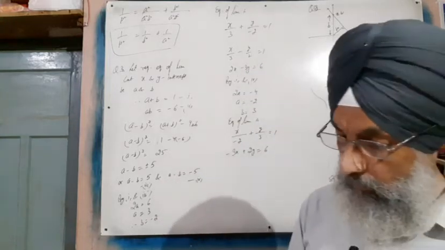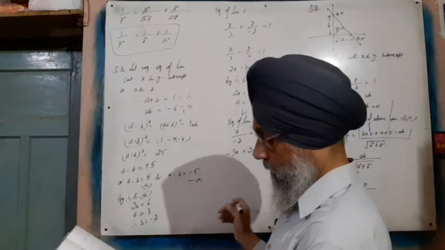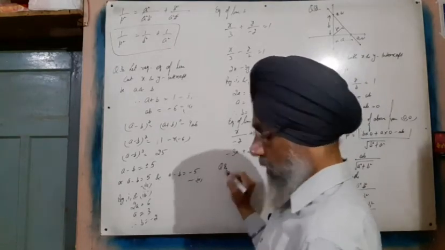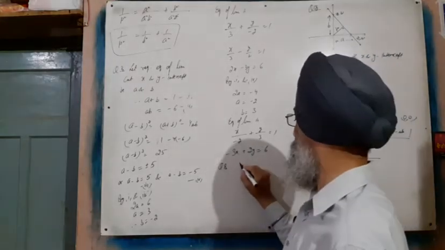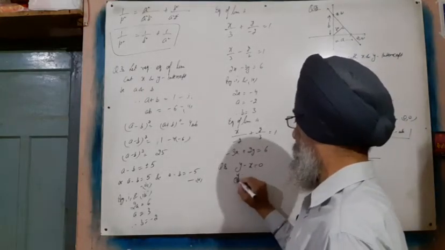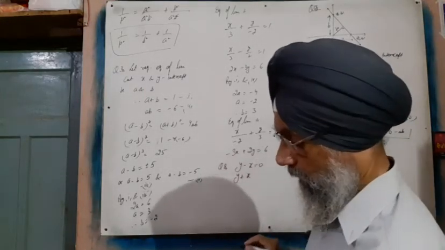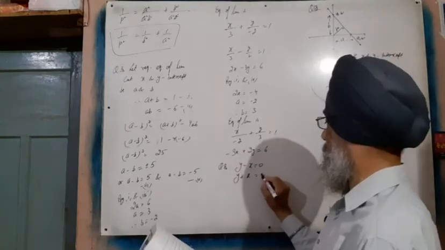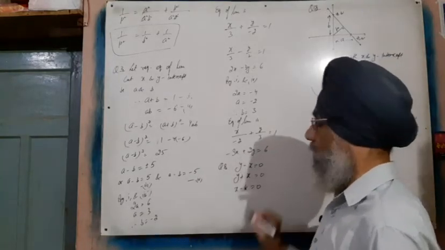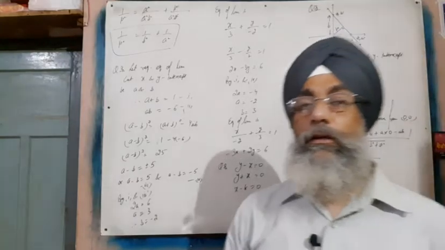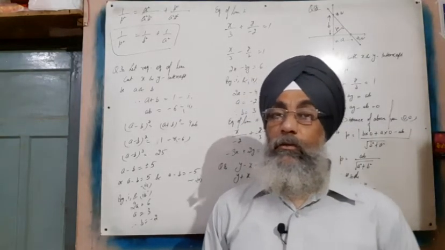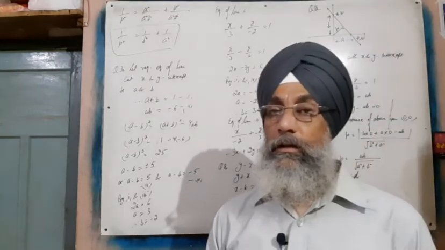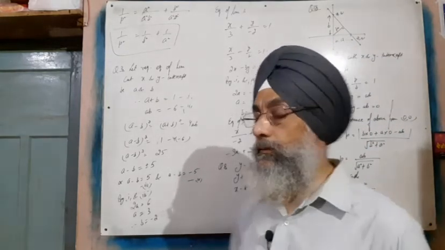See question number 8 here. You have to find the area of the triangle formed by the lines y minus x is equal to 0, y plus x is equal to 0, x minus k is equal to 0. If you find the area of the triangle formed by these lines, then these three lines will be taken as the sides of the triangle.